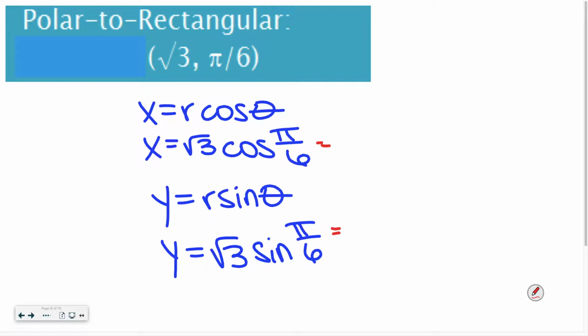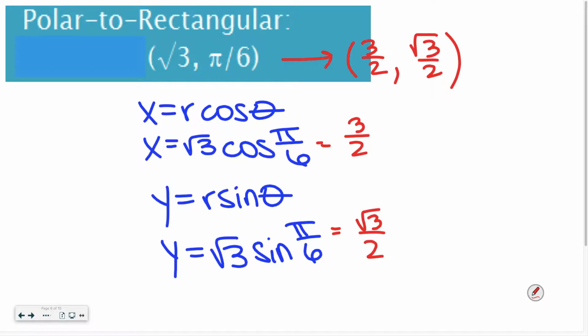Okay, well, what is the cosine of pi over 6? Radical 3 over 2. So we have radical 3 over 2 times radical 3. And then what's the sine of pi over 6? 1/2. Radical 3 times 1/2 is radical 3 over 2. So our coordinate in rectangular form is 3/2, radical 3 over 2.